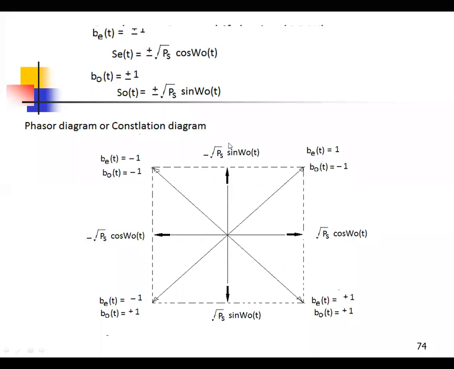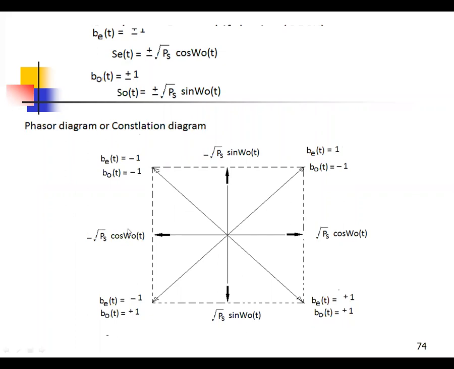Resultants are based on the signals, the signaling vectors. Those signaling vectors are s_e(t) and s_o(t). s_e(t) has two signals, minus and plus. s_o(t) has two signals, plus and minus. So that is plus or minus root Ps cos omega naught t, plus or minus root Ps sin omega naught t.